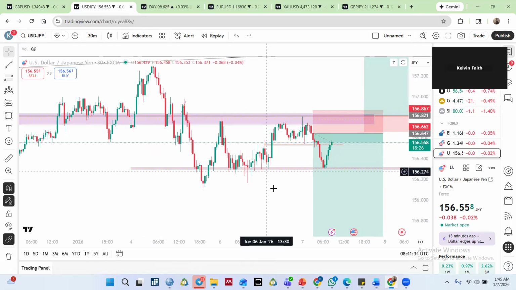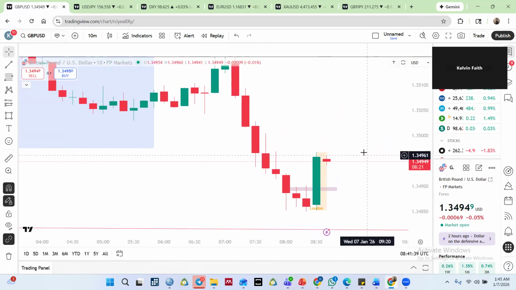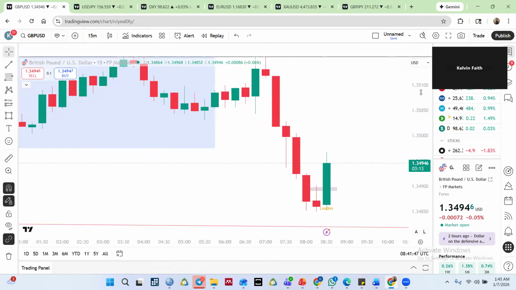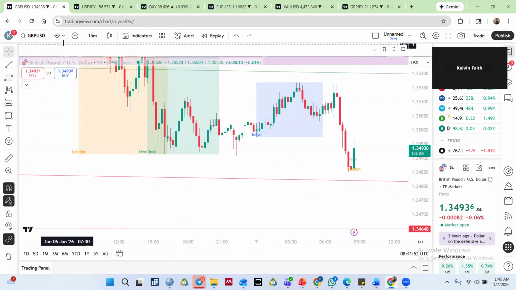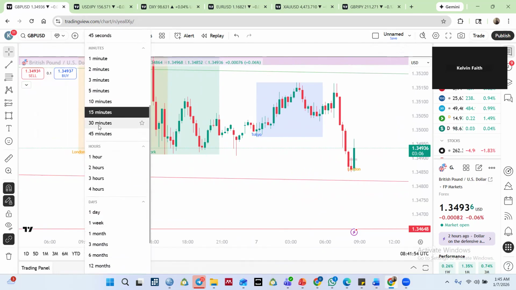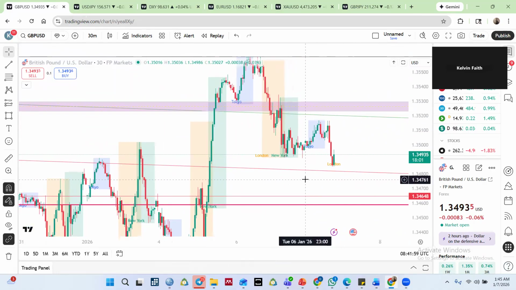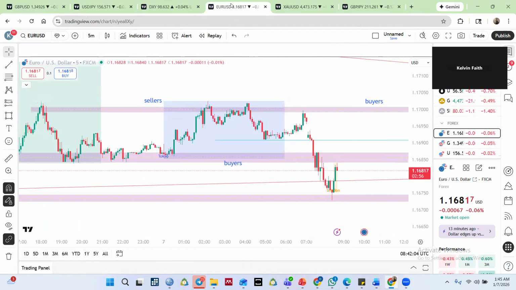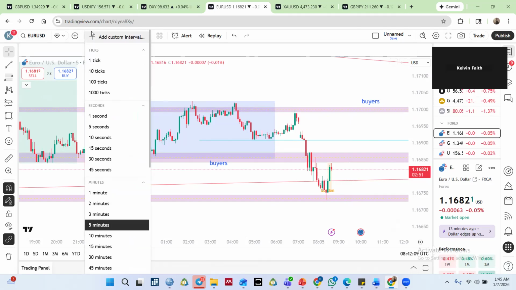So the DXY. This is GBP USD, I think. Okay, Euro USD on 5 minutes.